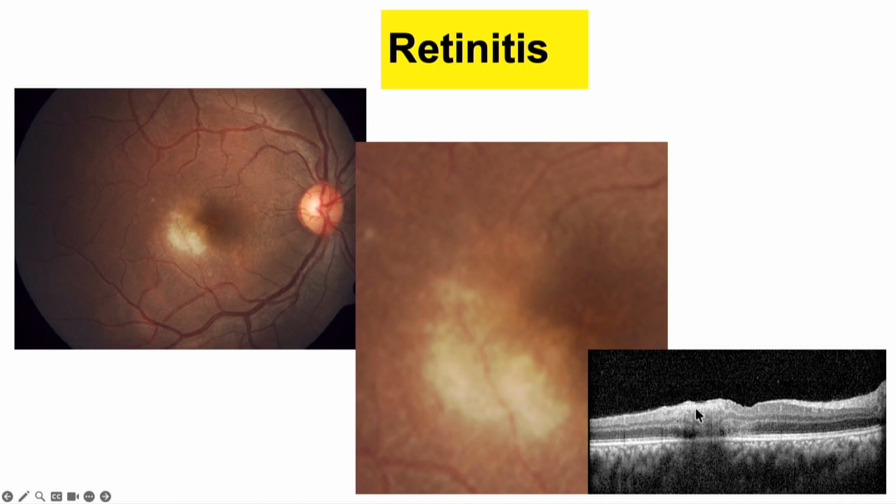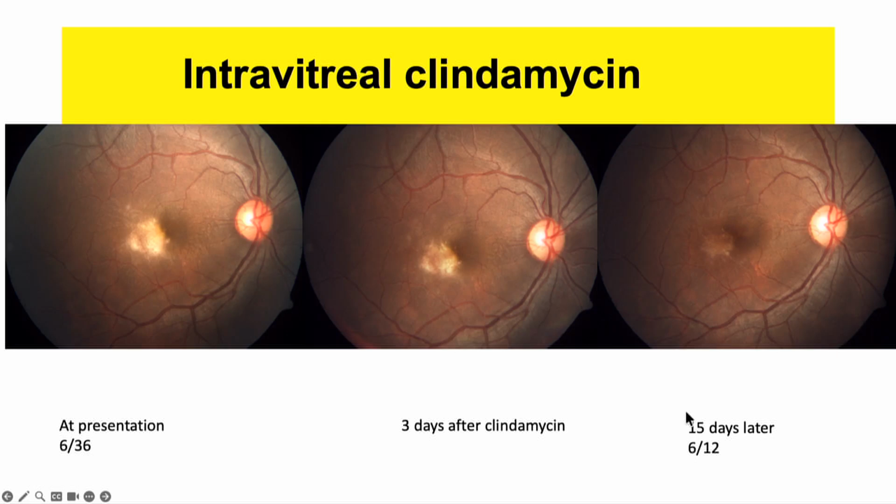And you see the OCT, there is a full thickness retinitis lesion, the retina is involved, and the underlying choroid is not involved here, but the choroid is not appearing properly because of the retinal involvement. This patient is diagnosed as Toxoplasma retinitis, and we gave an intravitreal clindamycin and saw the response to the treatment.